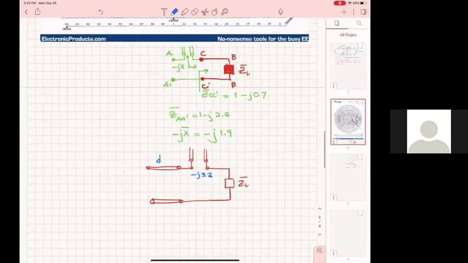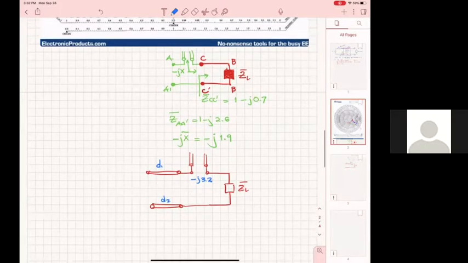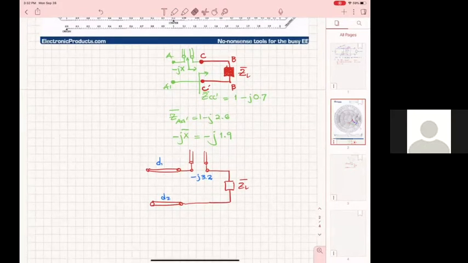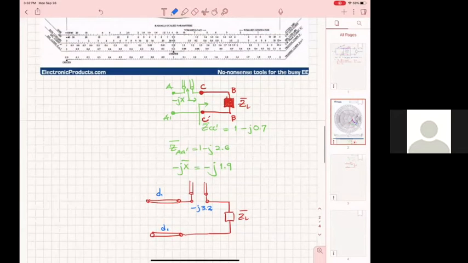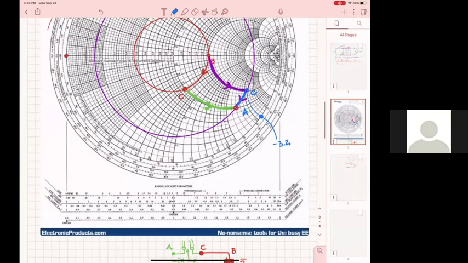So there are two possible solutions, as you can see. I don't care which one of the two you identify. Either one is fine with me. So usually I always go on a VSWR circle. I usually follow the first solution.